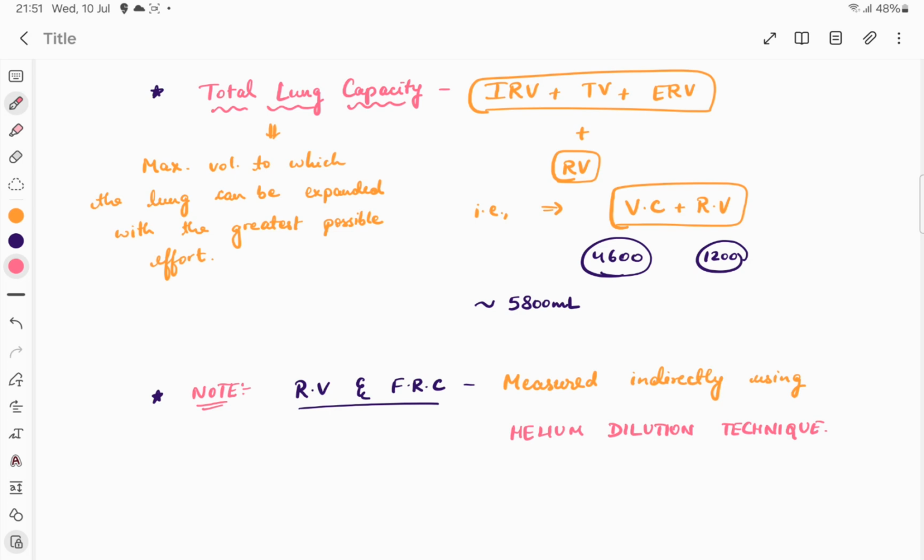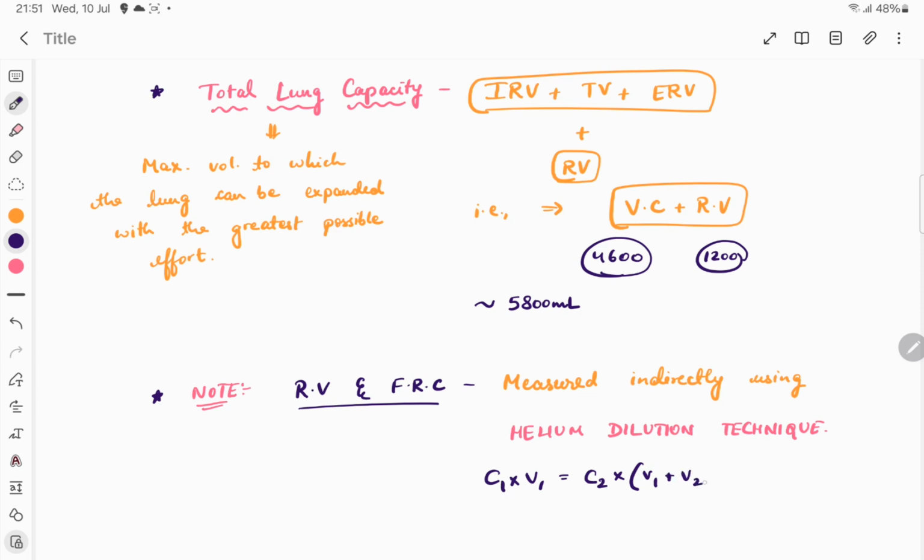Here, the person is connected to a spirometer filled with 10% helium and oxygen, and the person breathes from the spirometer. After repeated breathing, the helium concentration in the spirometer and the person's lungs equilibrates. That is, on applying the conservation of mass principle formula, we get C1V1 is equal to C2 into (V1 plus V2).